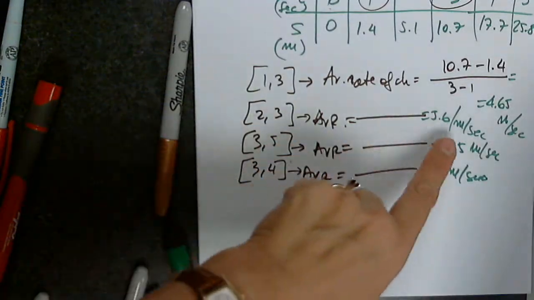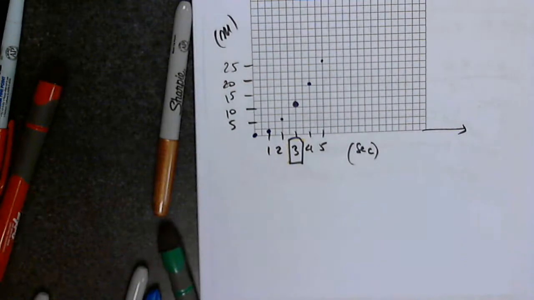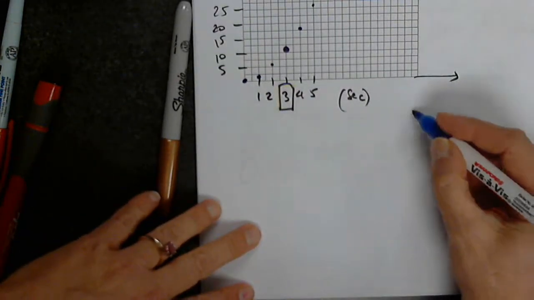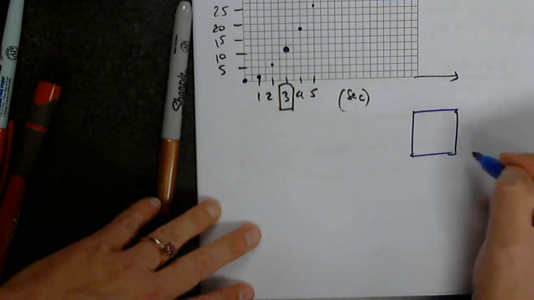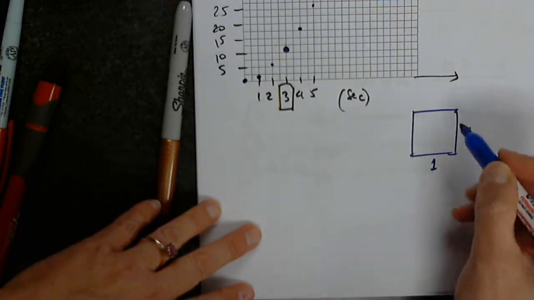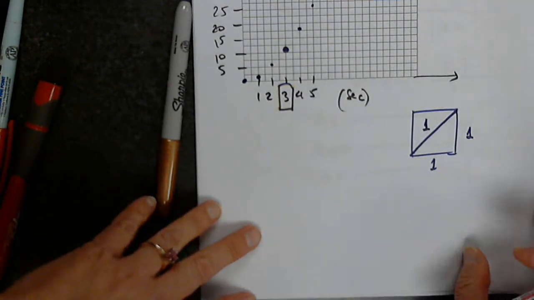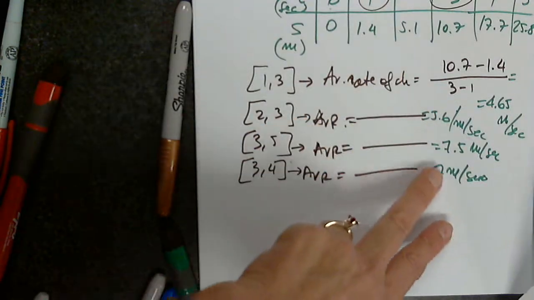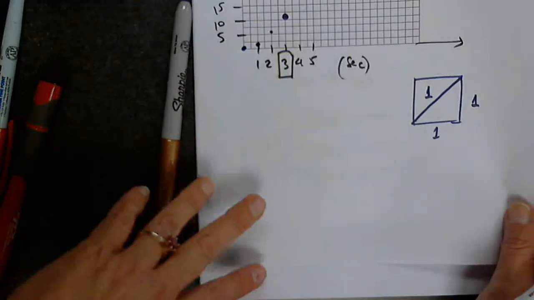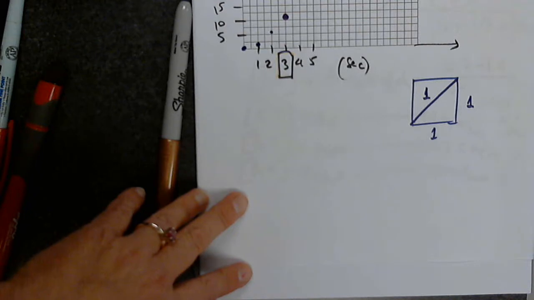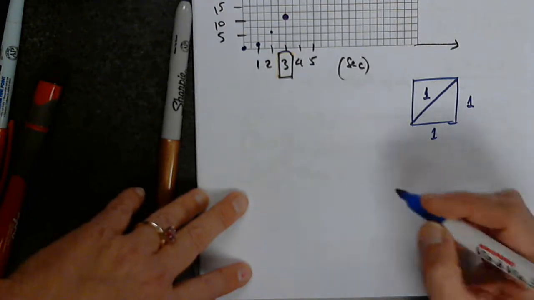So between 2 and 3, 5.6. So if this is 1 and this is 1, this will be a slope of 1. How will I graph a slope of 5.6? So the rise will be 5, roughly, and the run will be 1, right?